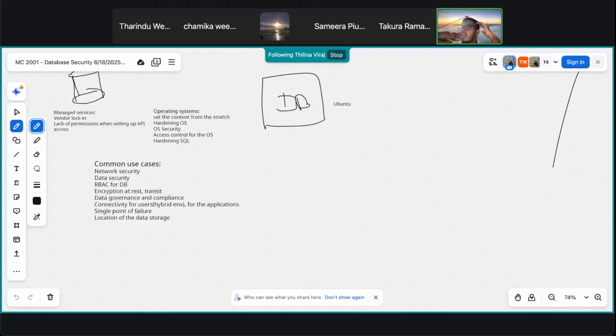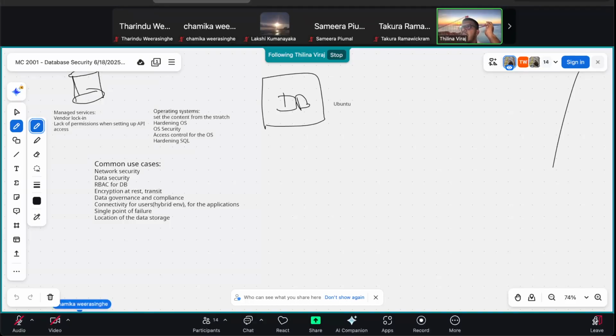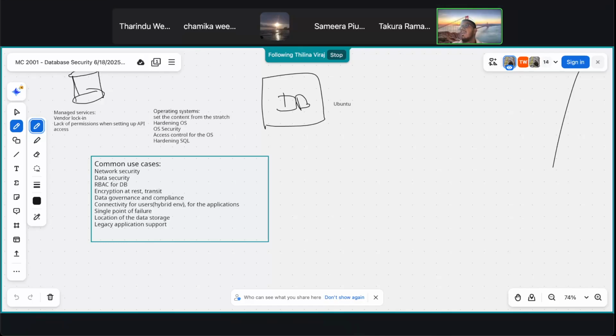Yeah, there's a valid point coming in through the chat as well. So it's like this. Now imagine you have a legacy application. You want to migrate a set of applications to the cloud.